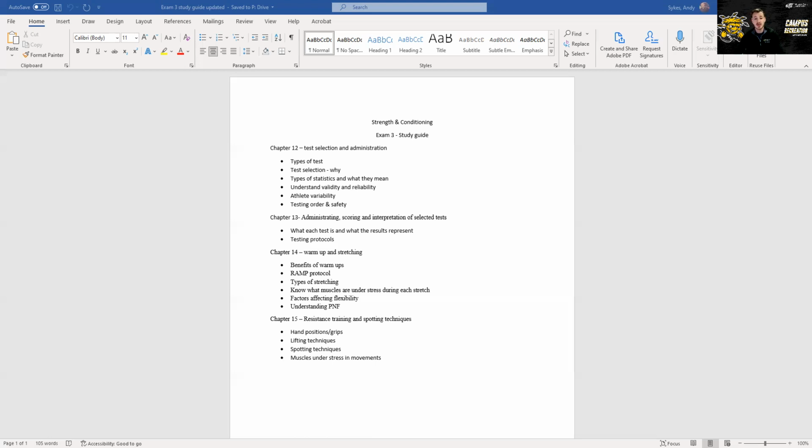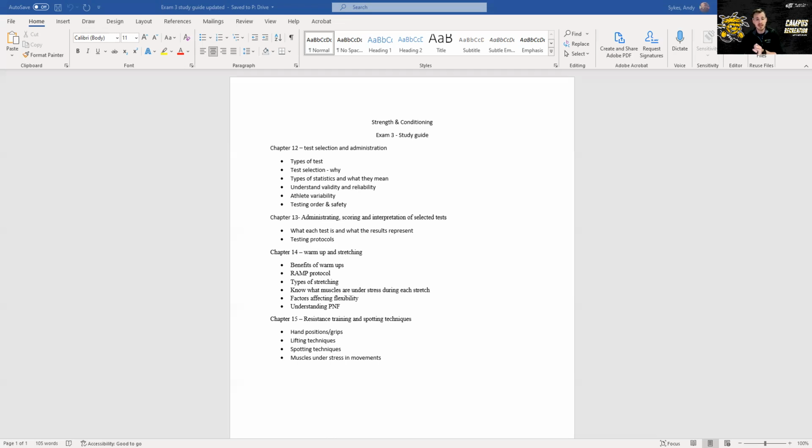So age is something that will vary scores. Gender, male and female, really shouldn't be compared under most assessments. So that's something to be aware of. Has this athlete done this test before? If they've done it before, they kind of know what they're trying to achieve, and so they may have an increased likelihood to score better. If you have no idea, if you've never done it before, there's a lot of learning happening, and scores, of course, won't be as good.